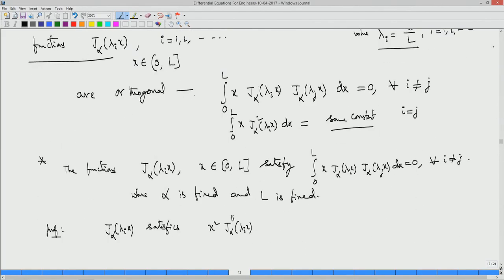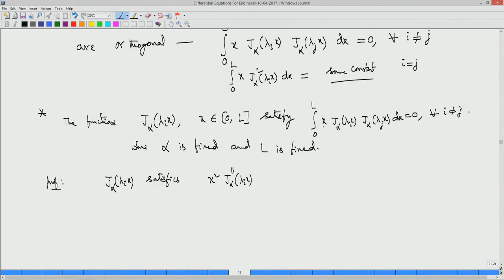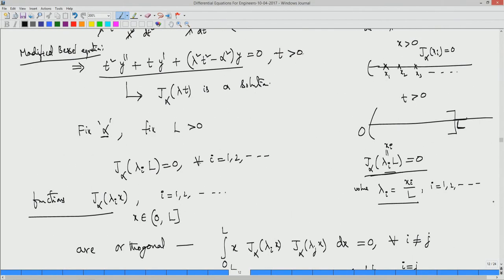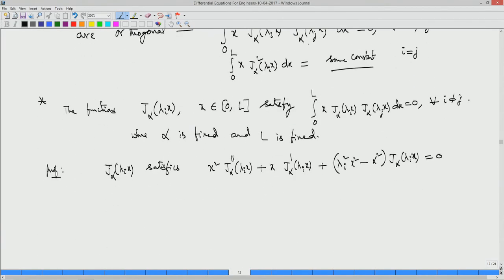I have x square here, just a notation change, writing x instead of t: x square into j alpha double dash, that is d square by dx square of j alpha of lambda I x, plus x times j alpha dash of lambda I x, plus lambda I square x square minus alpha square into j alpha of lambda I x, equal to 0. That is what you have written here.